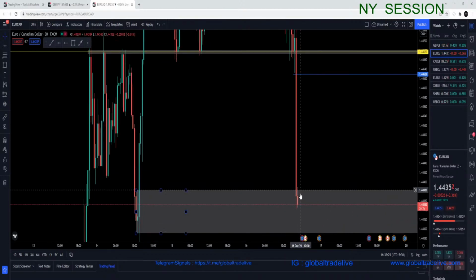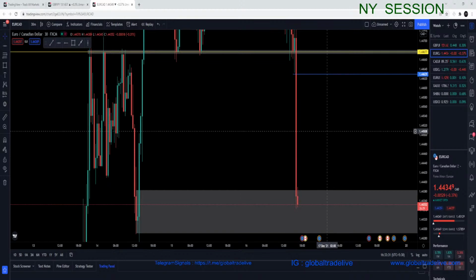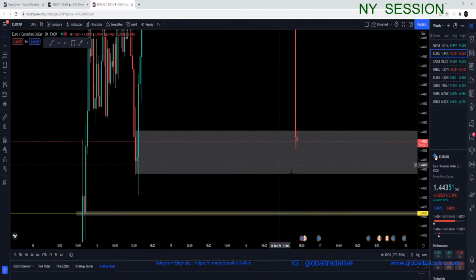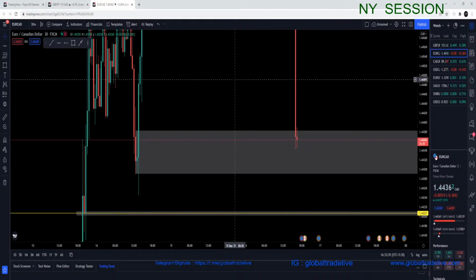It looks like this 30-minute candle is also about to break the low of the previous one, but now trust me, anything can happen. These POIs are really strong levels.